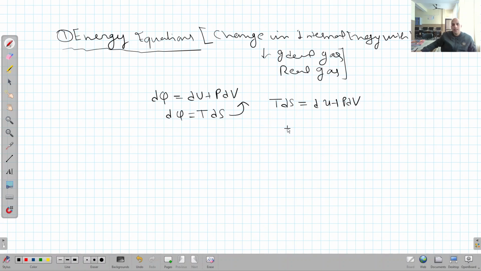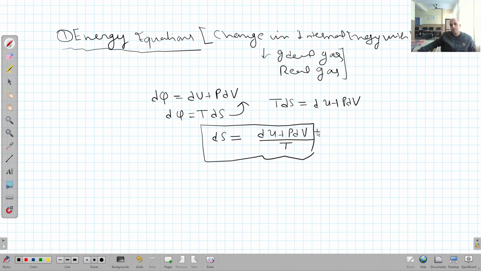Clear? I can write it in a more simplified form: ds is equal to (du plus p dv) upon T.